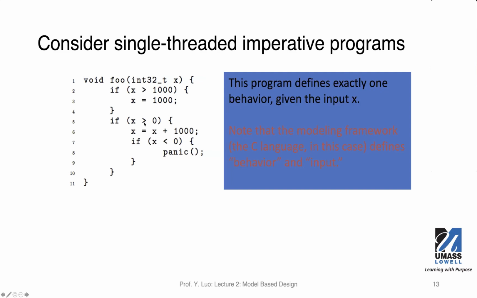If it is a positive number, it will go into this if statement. Otherwise, it will stop. This example is a C language implementation. This software model, or this language, defines the behavior and also the input.